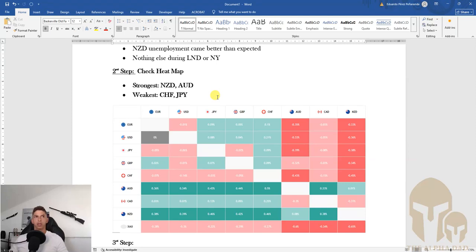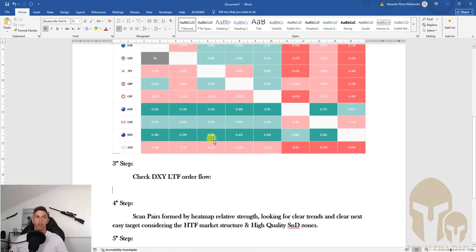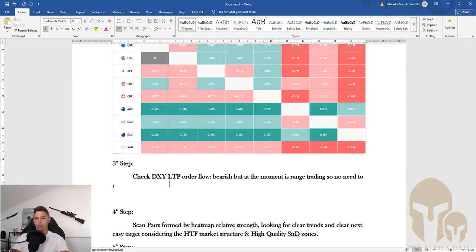So for the moment, we stay on the side with the dollar, even though we know we have a bearish order flow, but at the moment this is range trading, so no need to rush or force any trade against it.